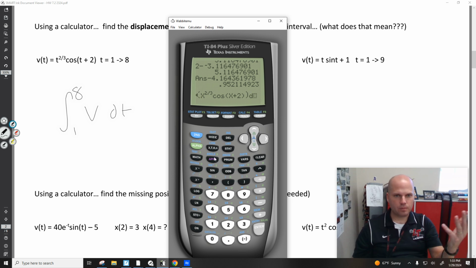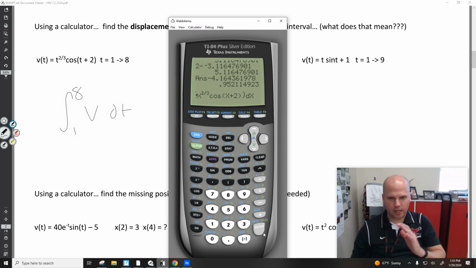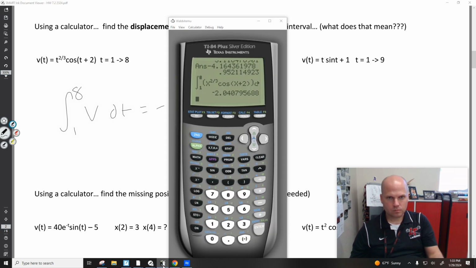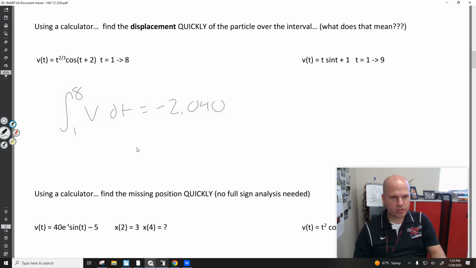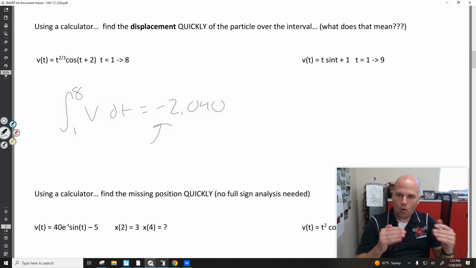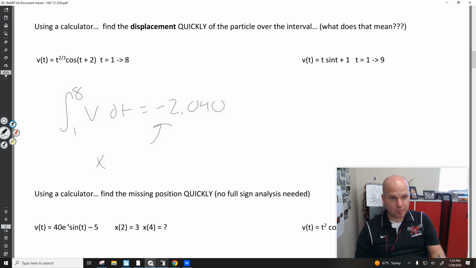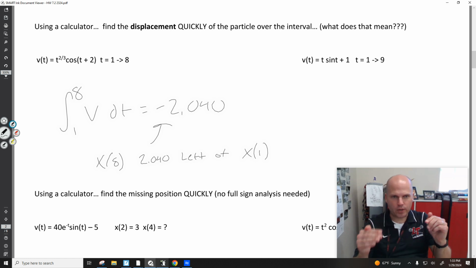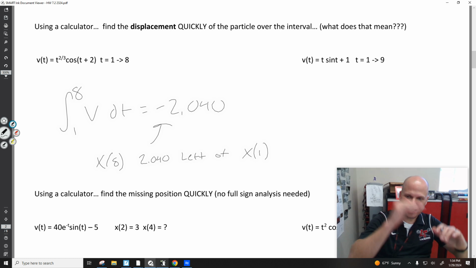It's going to count for everything. This number being negative says overall, my position at time 8 is 2 to the left of my position at time 1. I ended 2.040 left of where I started.